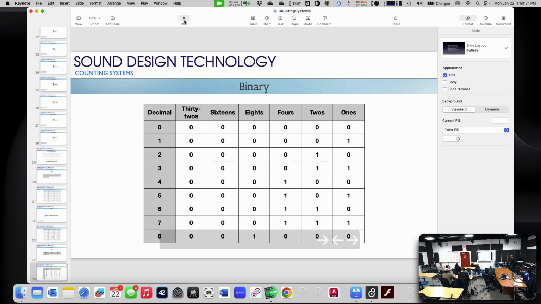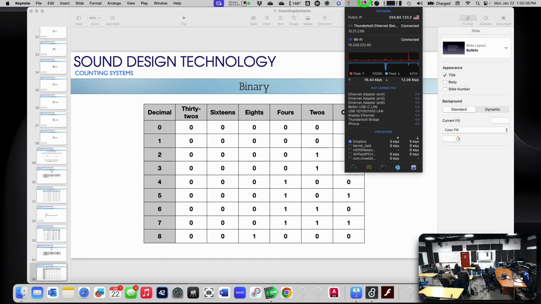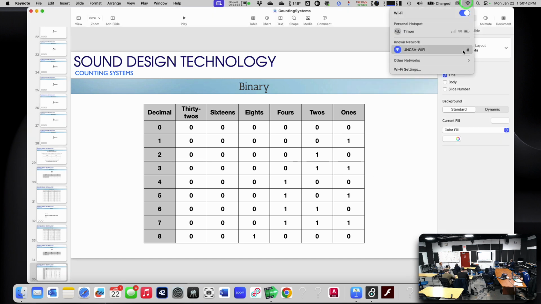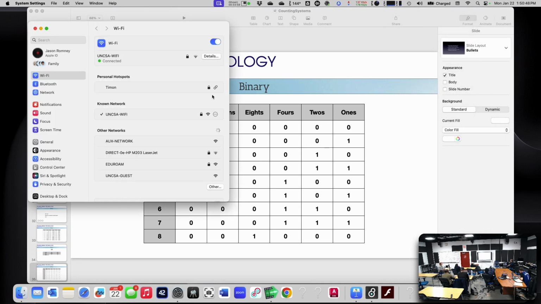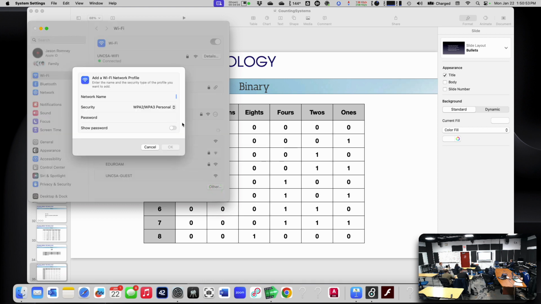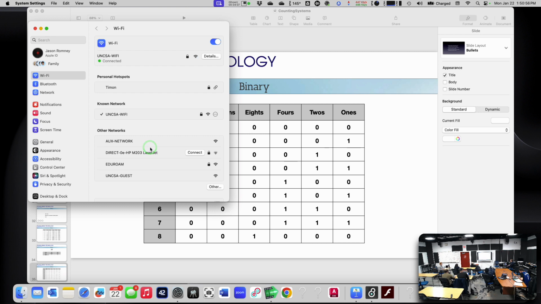So let me see if I can get my remote going here. And then I can write. What device is T-Mobile? I don't know. Oh, that's my phone. It's Timon, like the Shakespeare play, Timon of Athens. It should work.